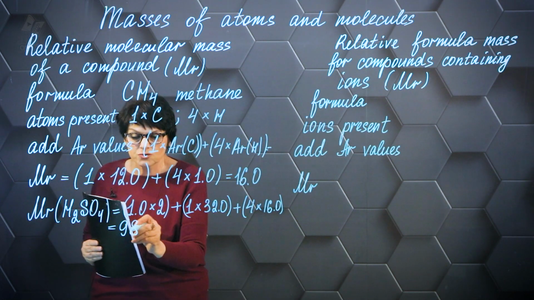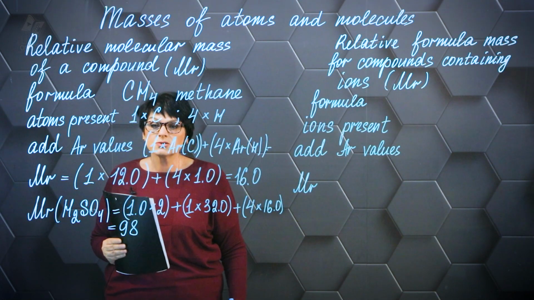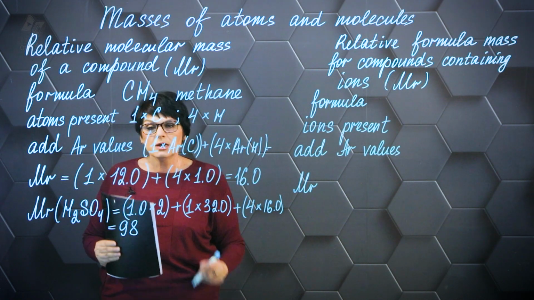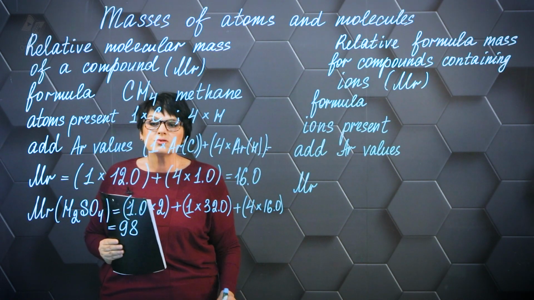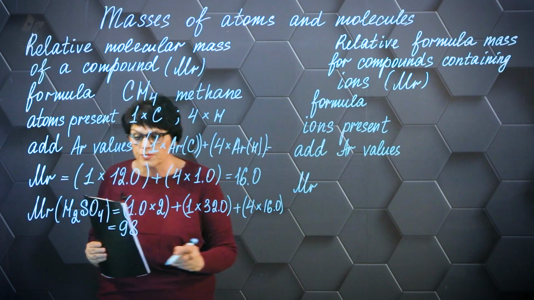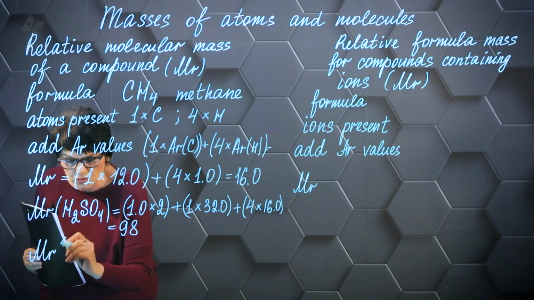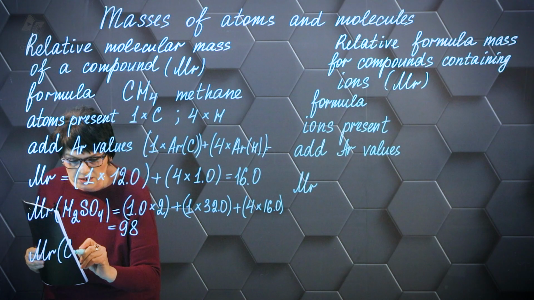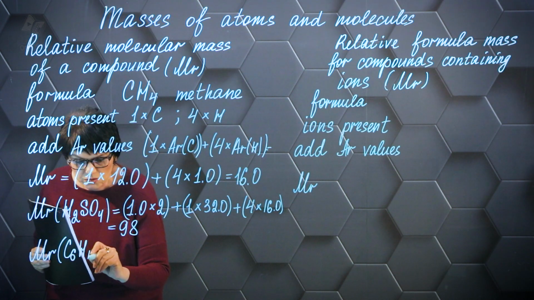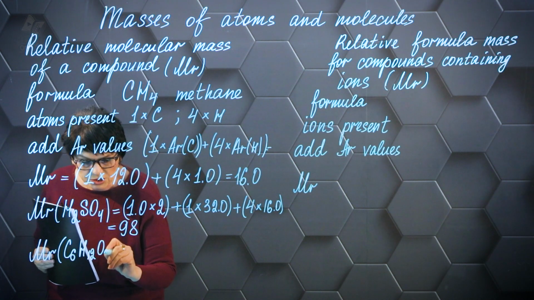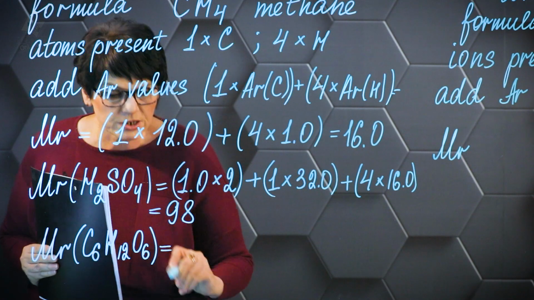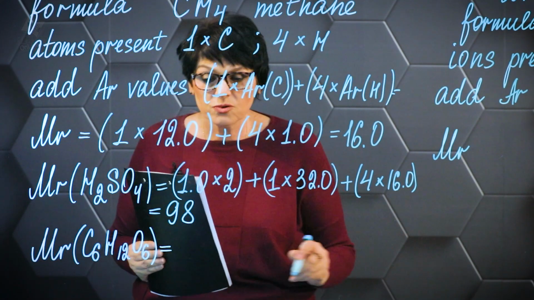But the result I have obtained is an integer value. Sometimes for such calculations it is necessary to show the calculation more accurately. I will give another example of a compound that is made up of molecules. This would be the compound glucose. Glucose has the formula C6H12O6. So how would its mass be calculated?